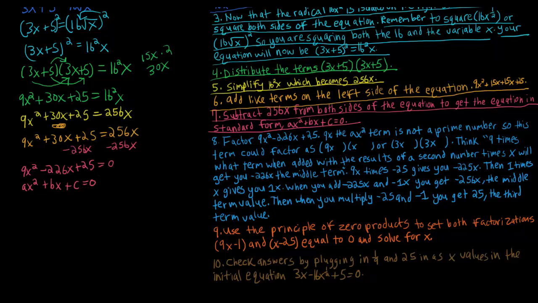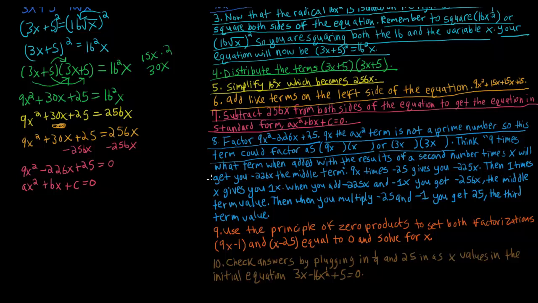Step 8, we want to factor 9x squared minus 226x plus 25. 9x squared, the ax squared term, is not a prime number, so this term could factor as 9x times x in parentheses, or 3x in parentheses times 3x in parentheses.